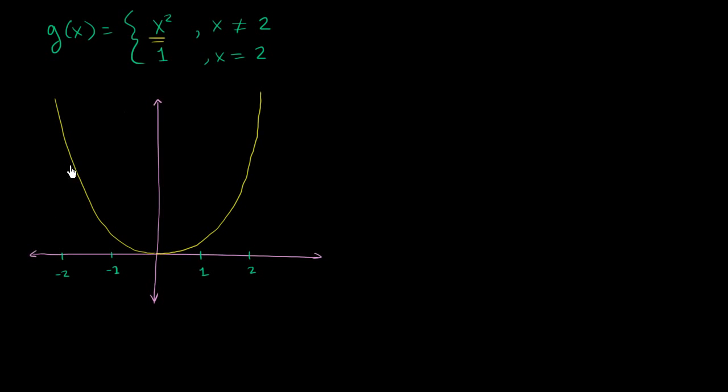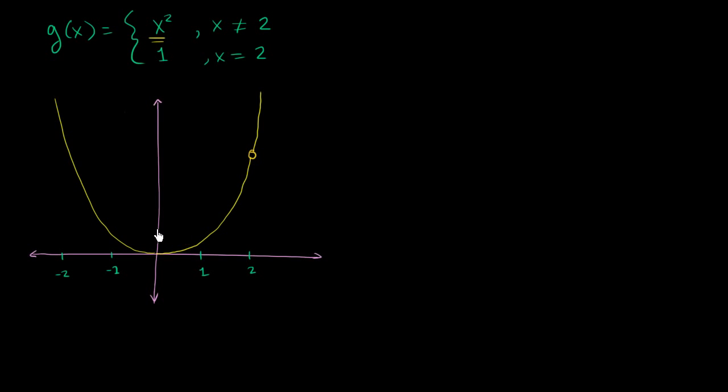Now, this would be the graph of just x squared, but it's not x squared when x is equal to 2. So once again, when x is equal to 2, we should have a little bit of a discontinuity here. So I'll draw a gap right over there. Because when x equals 2, the function is equal to 1.